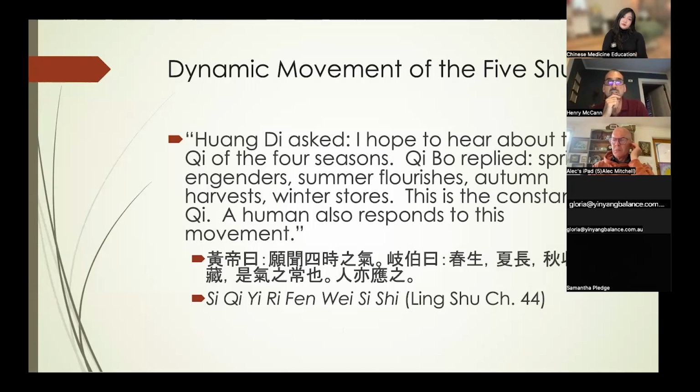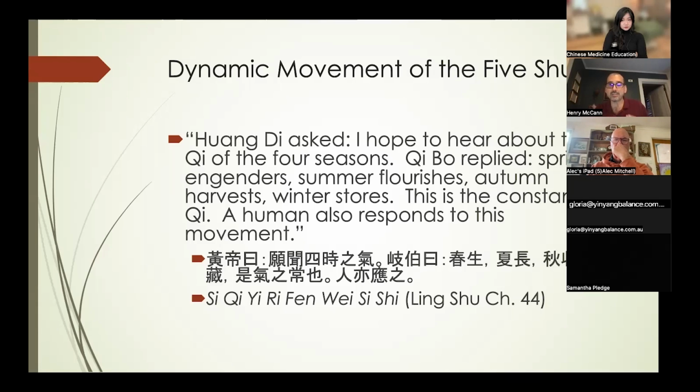Here it says, the Yellow Emperor asked, I hope to hear about the qi of the 4 seasons. And Qibo replied, spring engenders, summer flourishes, autumn harvests, and winter stores. This is the constant of qi, and a human also responds to this movement.